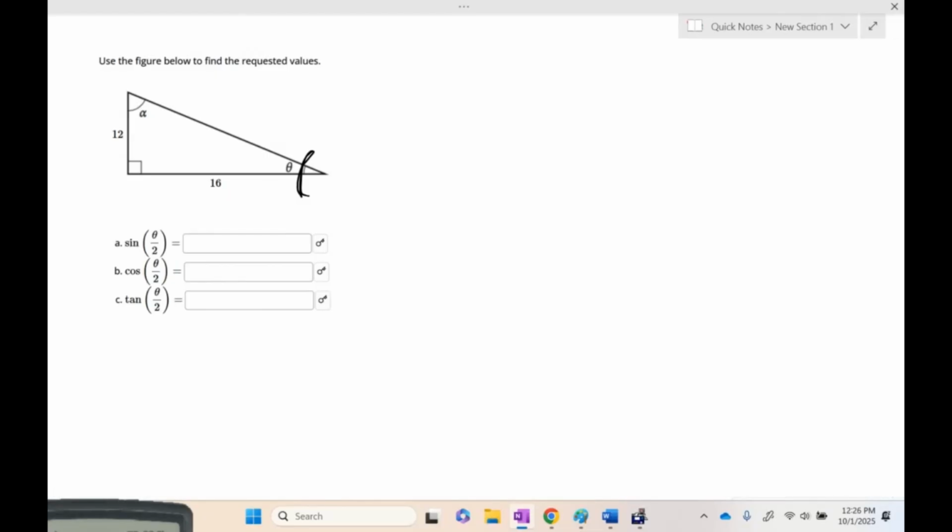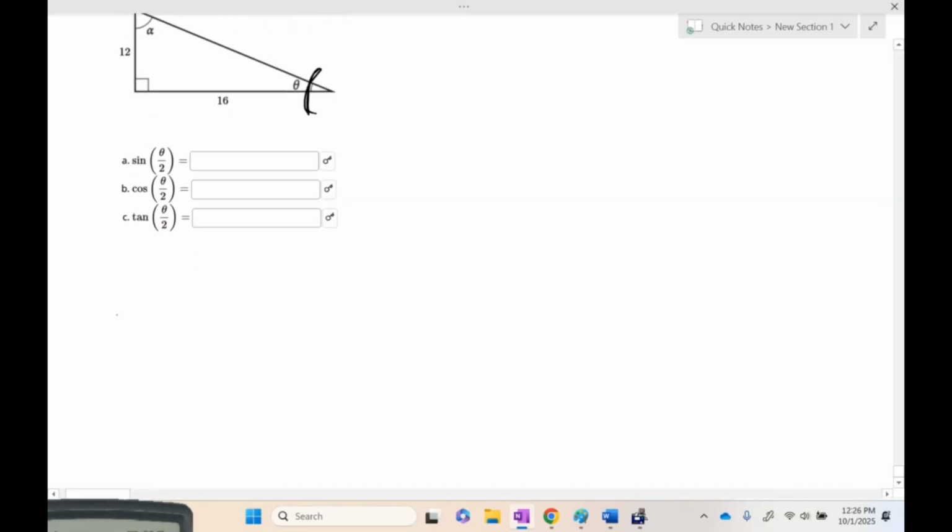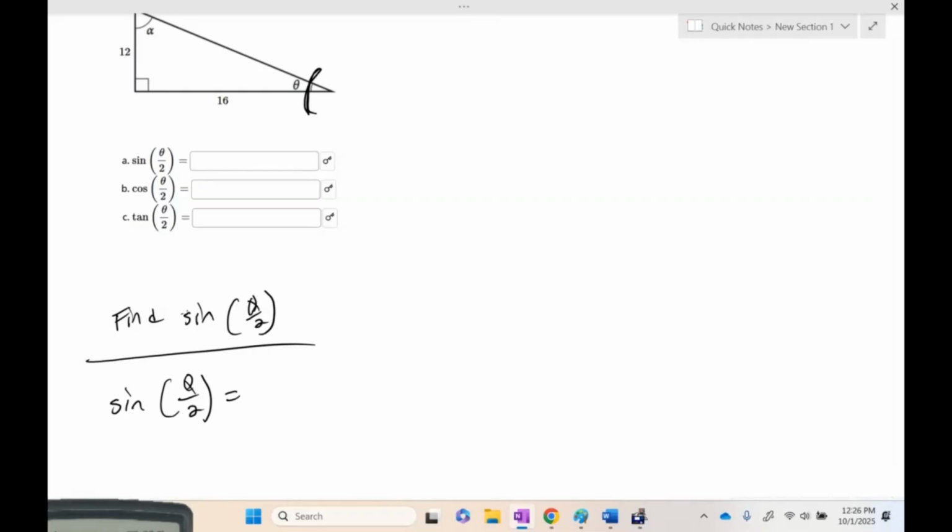So we're pretty much going to do the same thing. The first thing I'm going to do is I'm going to find the half angle for the sine of theta. I'm just going to write out the formula. This half angle for the sine of theta, that's equal to, and I don't want to flip back through the notes because it might freeze up.